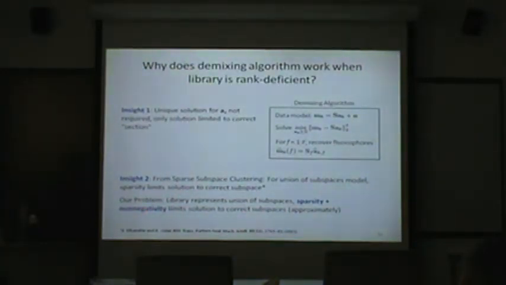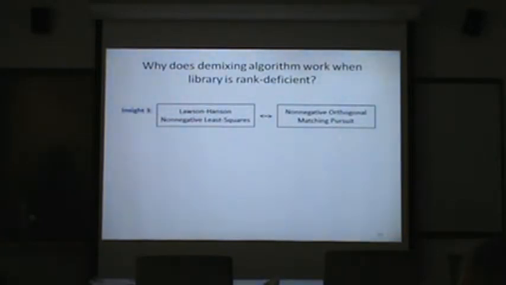So, okay, great. I need non-negativity and I need sparsity. And I said I'm using Lawson and Hansen non-negative least squares to solve this. So obviously I'm using non-negativity, but where's the sparsity? And the answer is that it's also coming from the Lawson and Hansen non-negative least squares algorithm.